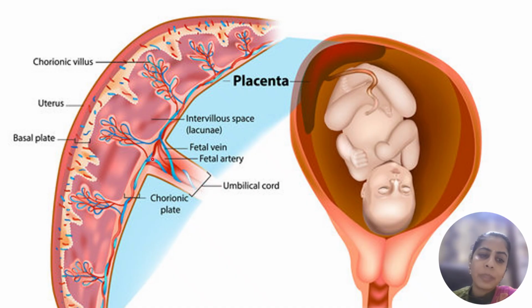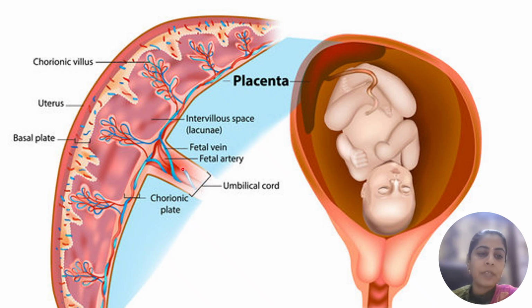It has two umbilical arteries and one umbilical vein, which are called the fetal vein and fetal artery. There are intervillous spaces where blood is collected and received from the veins, and through the vein whatever oxygenated blood reaches the fetus.